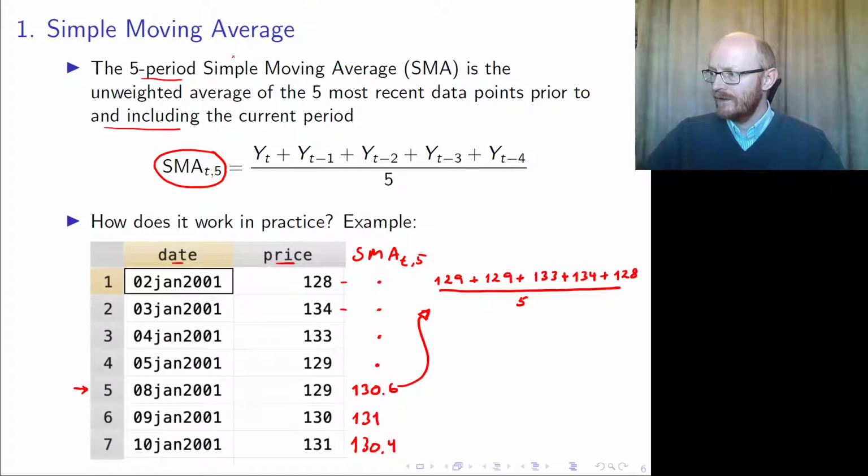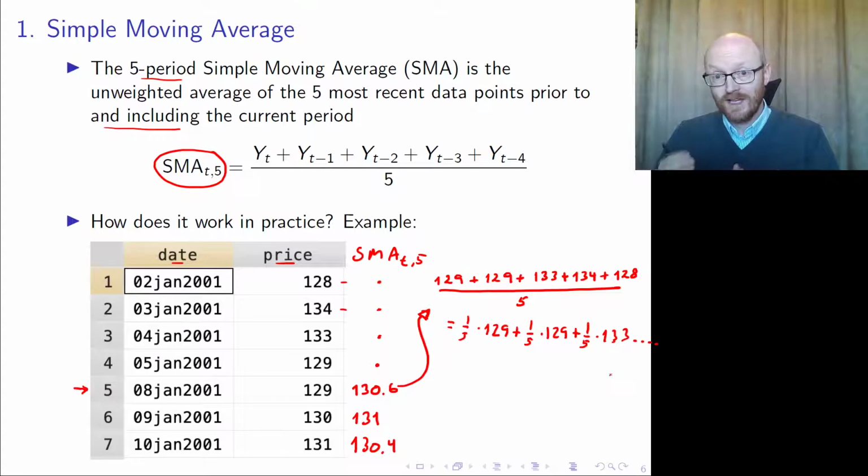For example, if you look here, this is the same as saying 1/5 times 129 plus 1/5 times 129 plus 1/5 times 133, and so on. Which means that for a simple moving average, all the observations are given the same weight, in this case 0.2, 1/5, you know.